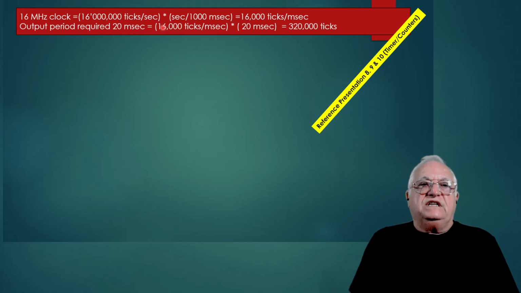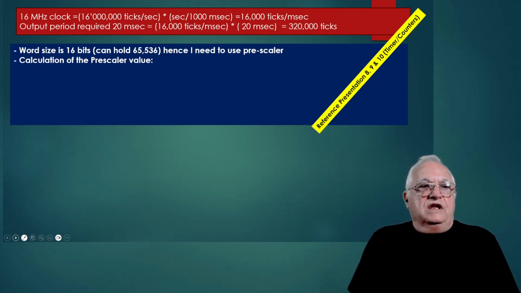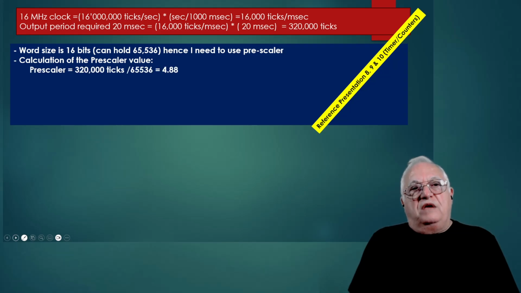So we have 16,000 ticks per millisecond times 20 milliseconds. That means that the 20 milliseconds are represented by 320,000 ticks. Now we know that our 16 bits can only hold a number as large as 65,536. So that means that we need to use a prescaler.